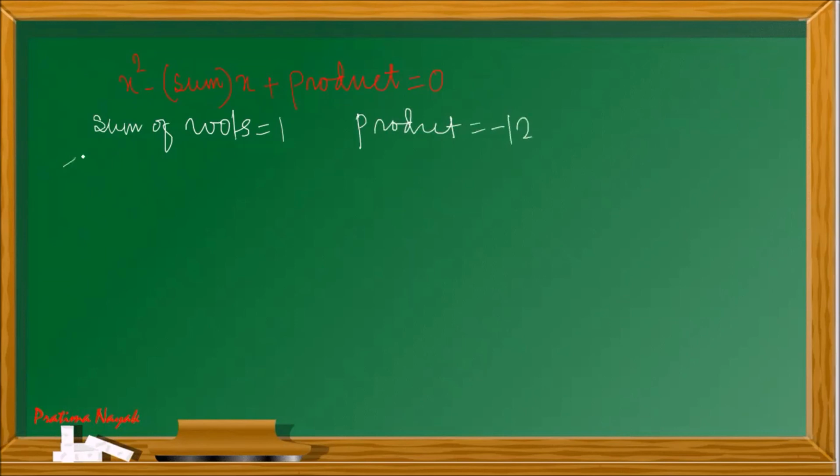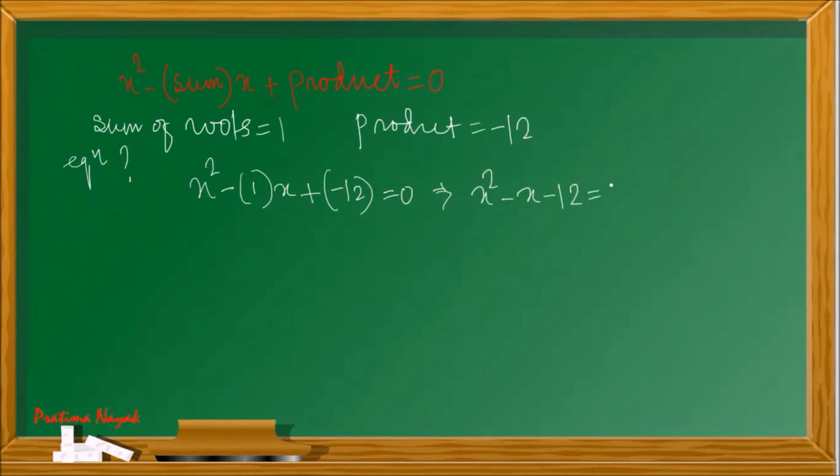What will be the quadratic equation? So I'll write x square minus sum, which is 1, into x plus product, which is minus 12, is equal to 0. Now simplify, we'll get x square minus x minus 12 is equal to 0.